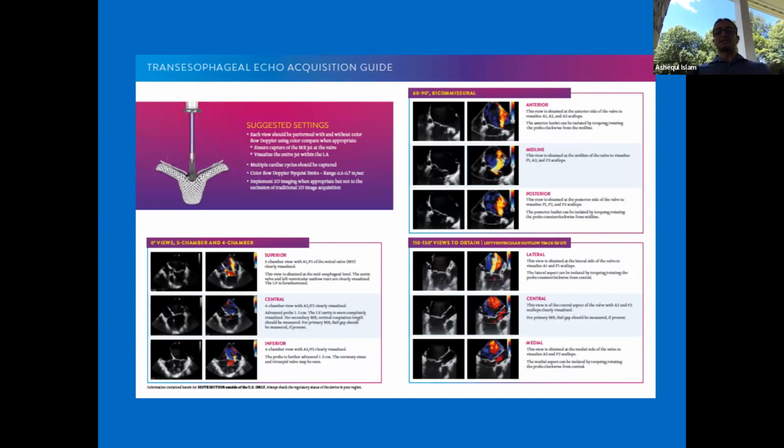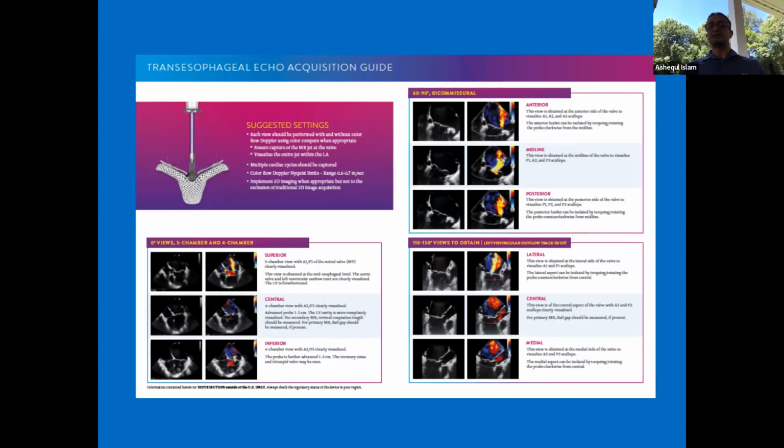So that's scanning through at 0 degrees, and then you go anywhere between 60 to 90 degrees, a very, very important angle to assess the valve in the bicommissural view. If you think about the fish mouth of the mitral valve, if you're right in the middle, that would be the midline.